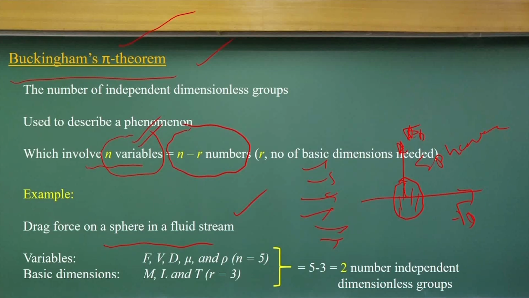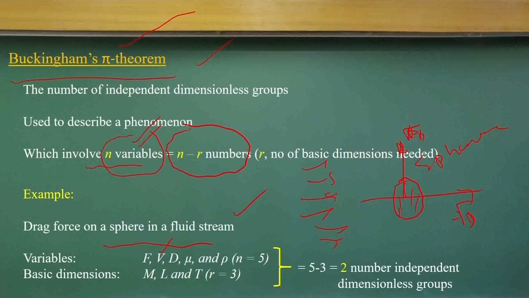If that is the condition, I can visualize that it depends on the velocity, the diameter of the sphere, and the fluid properties like mu and rho. So, the total number of dependent and independent variables is 5, and the basic dimensions are 3.